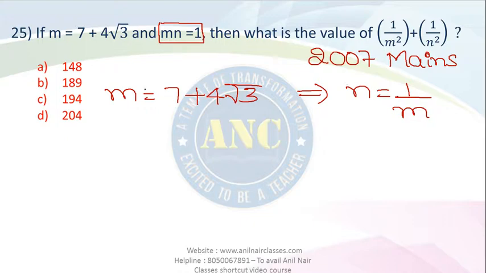Same thing. That means instead of x I have m here, instead of root a I have 7 here, instead of root b I have 4 root 3 here.